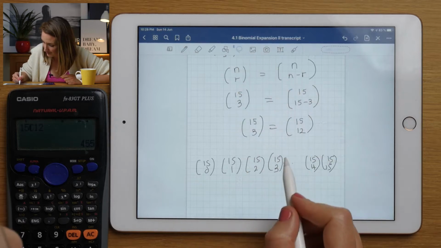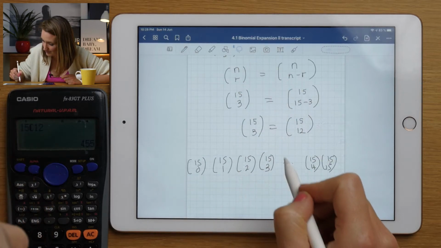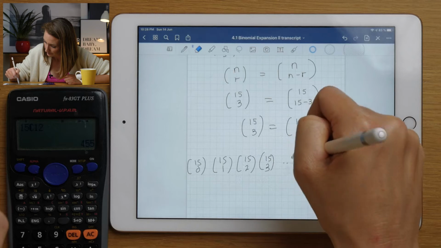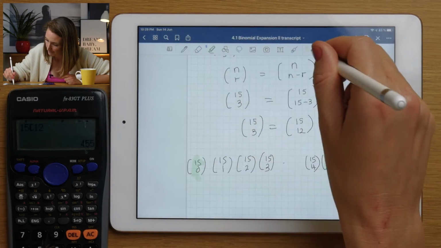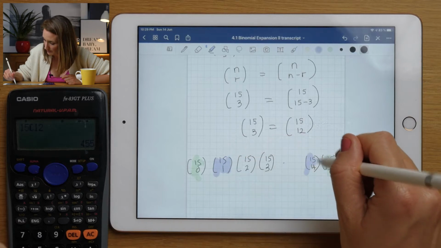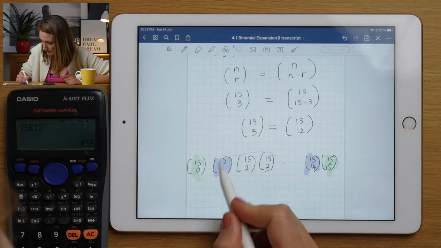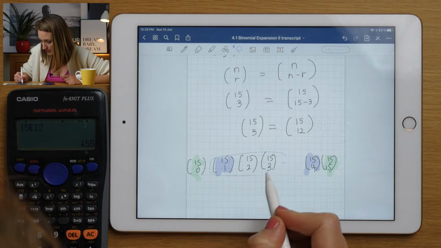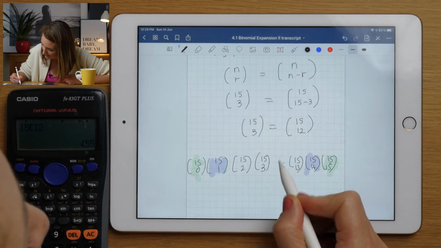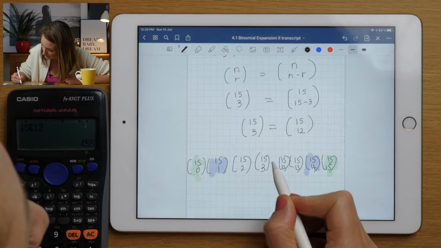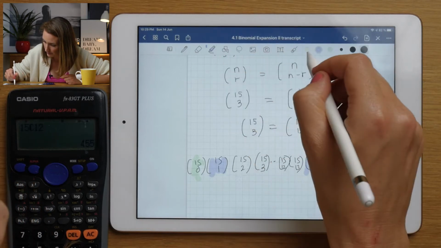I don't think I left enough space. Squash that up a little bit. So this one would be the same as this one. This one would have given you the same answer as that one. Squash everything together a little bit. 15 choose 13, 15 choose 12. And all the things in the middle.